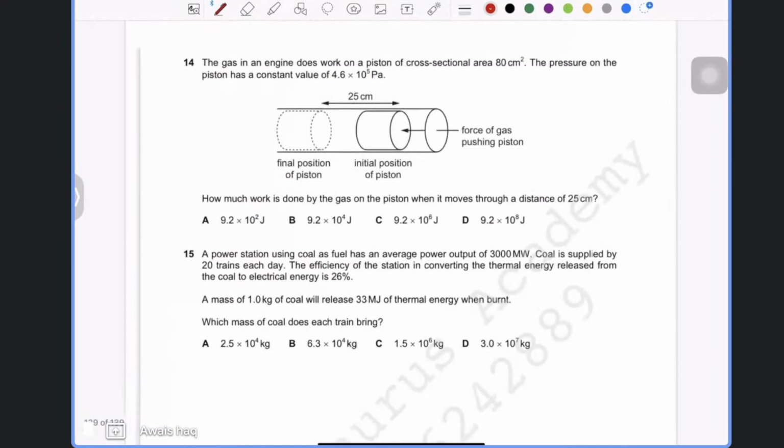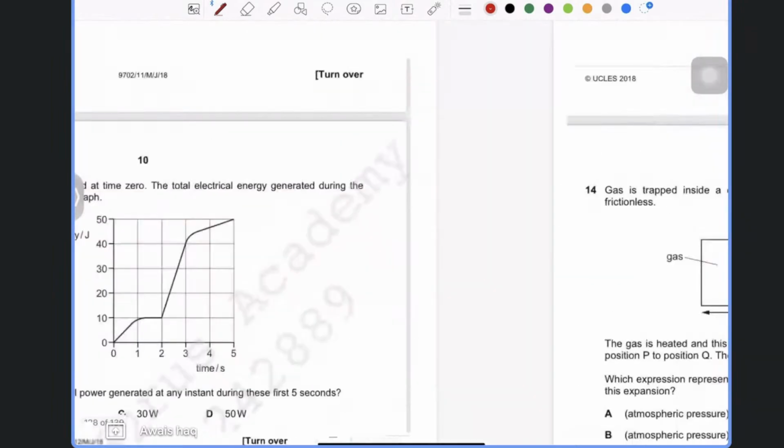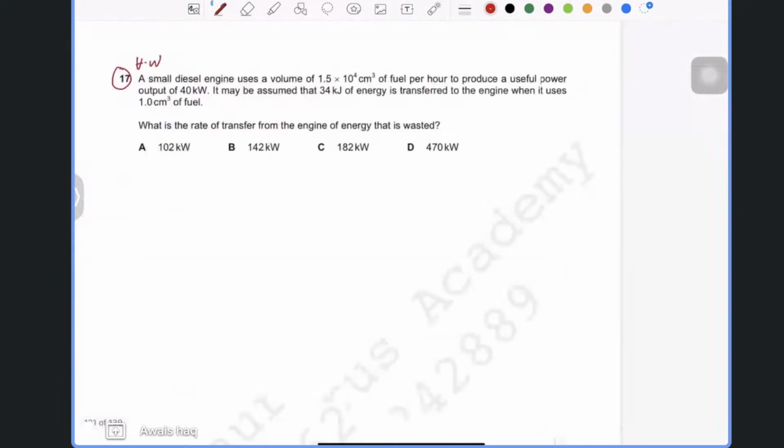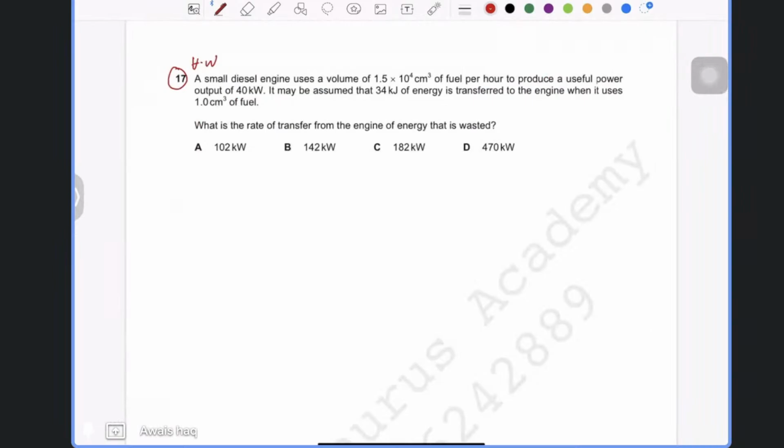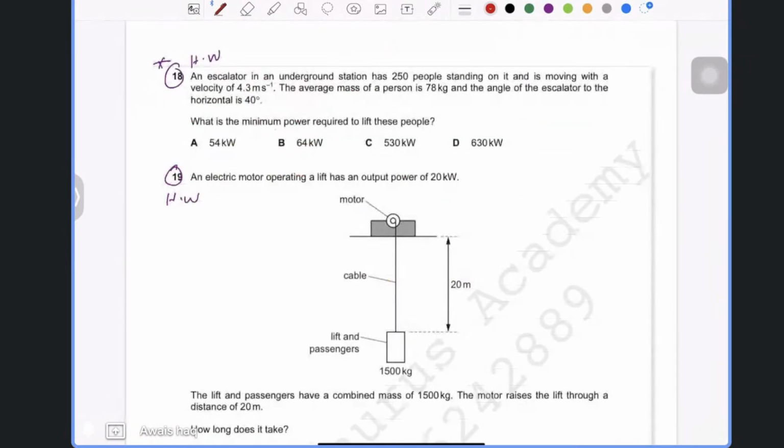Make sure you submit this, but I'm gonna do the last question that is required, that I put as homework, but I shouldn't have, because I did not put a similar question of that. Okay, this one. It says that an escalator in an underground station has 250 people standing on it. So there's an escalator like this. Let's draw this.